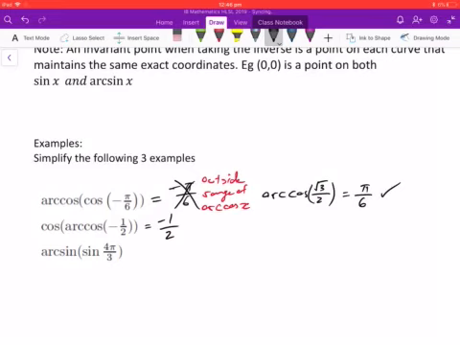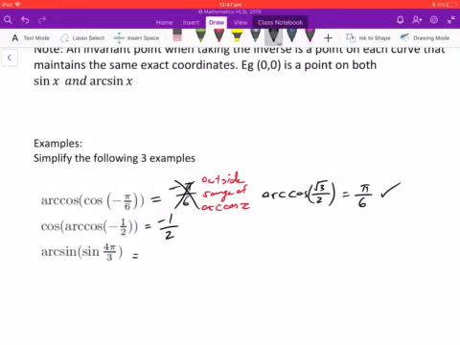You could think about it as, arccos of negative a half has two potential answers, either 2 pi on 3 or 4 pi on 3. But it's not 4 pi on 3 because the range of arccos is from 0 to pi, so it must be 2 pi on 3, but cos 2 pi on 3 is still negative a half.